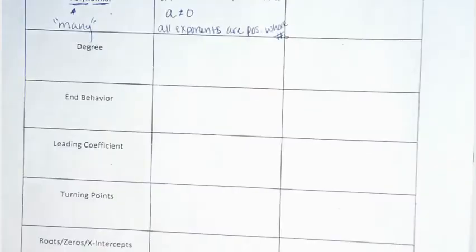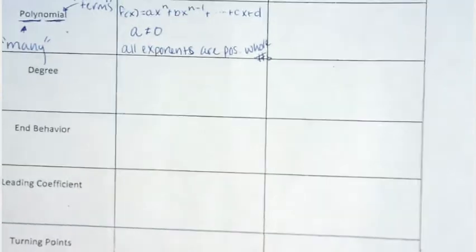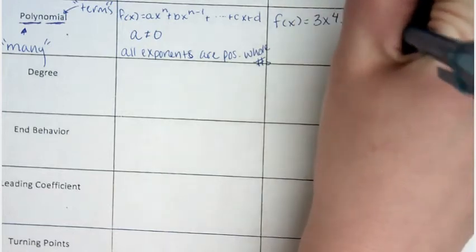So it's probably pretty hard to see. Let me zoom in a little bit. Okay, so there's our little definition. So an example would be maybe f of x is equal to 3x to the 4th plus 1/2 x squared plus 1.